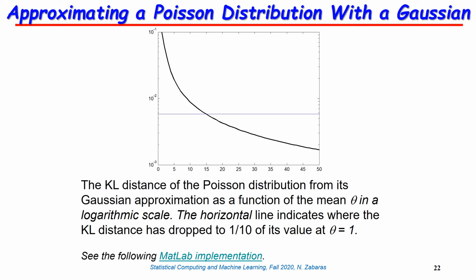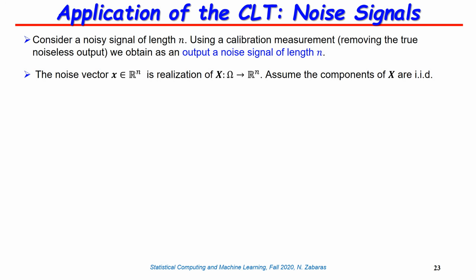All right, so let me finish with one last example, another application of the central limit theorem. This is an application to time signals that have noise on them. Suppose you do an experiment and you measure some quantity, let's say a current or a voltage in time, and you measure this signal in n time steps, so you record the values at n time steps, and obviously that signal is corrupted with noise.